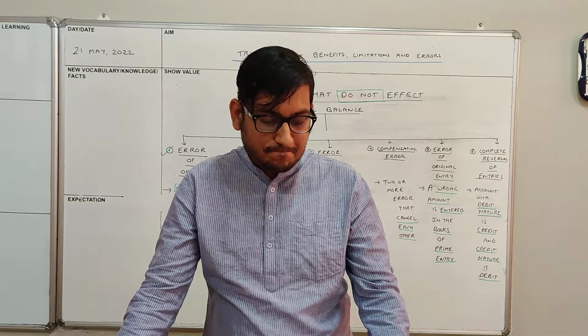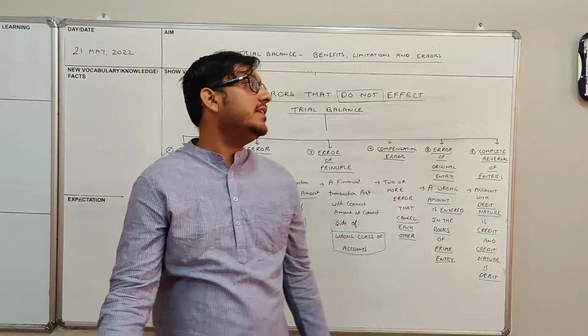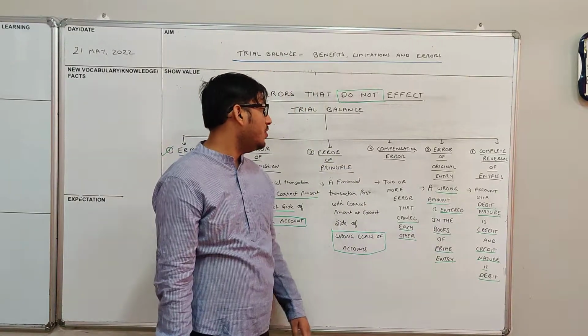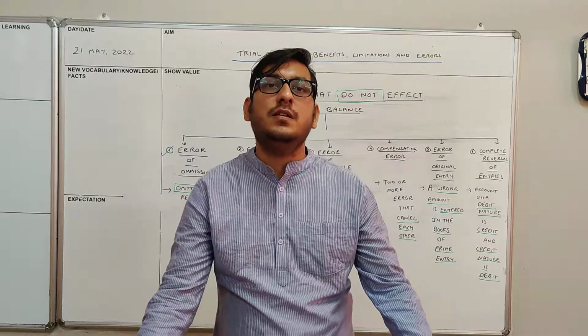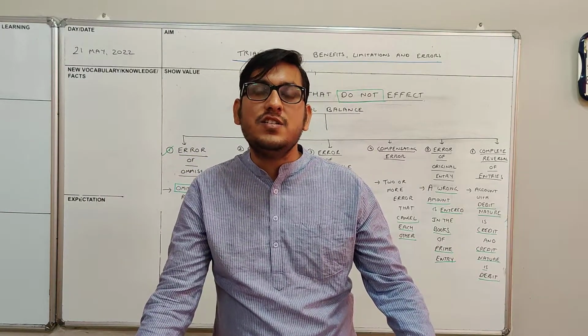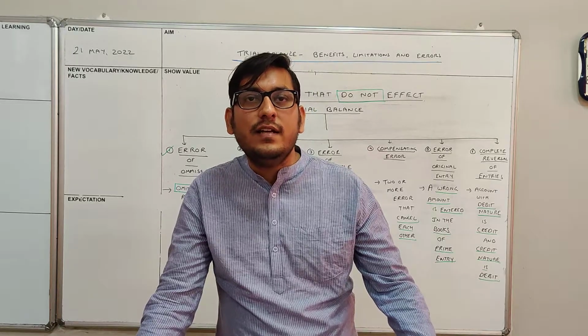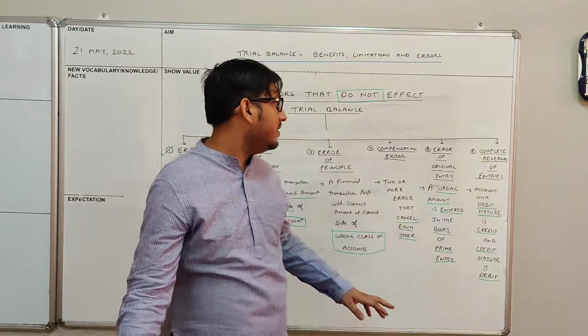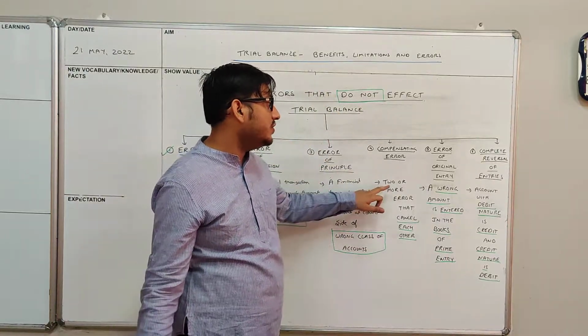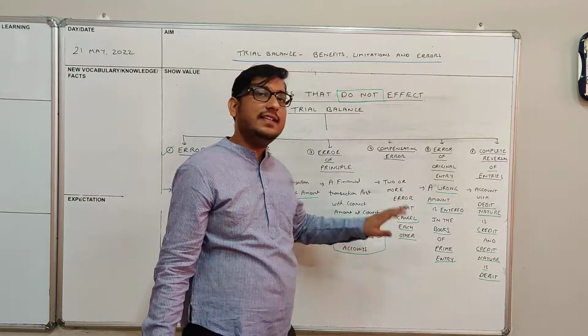Students, now we are moving to the next type of error, that is called error of compensation. So what do you mean by the term compensation? Compensation means when one error corrects the other error, that is two or more errors that cancel each other.